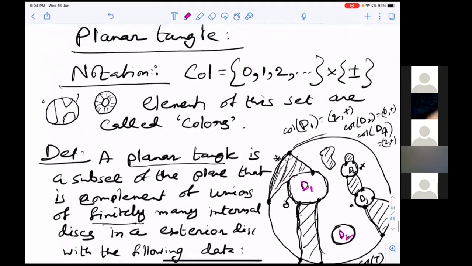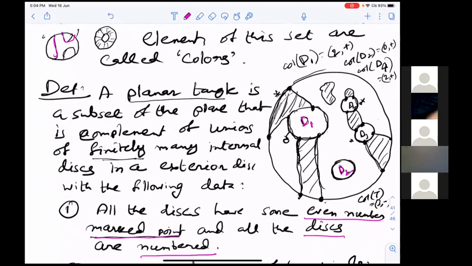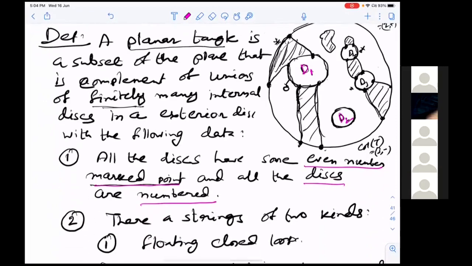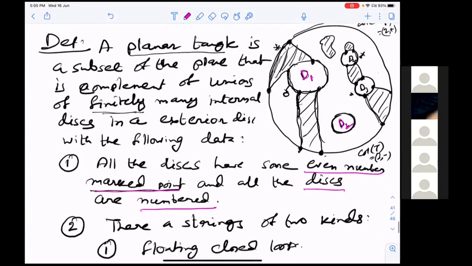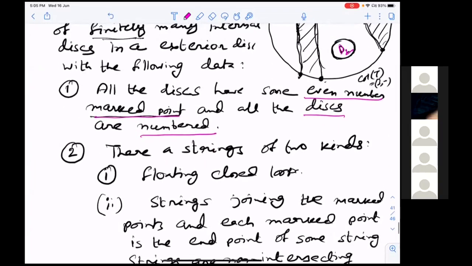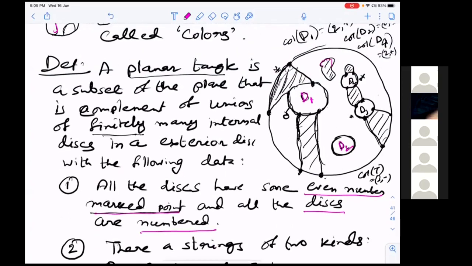Now, as in the diagram algebra, here also there are strings which join the marked points. There are 6 marked points in the external disk, and strings will join various marked points. Of course, these are non-intersecting because we need a planar diagram. These strings are of 2 types. The first is a floating closed loop, like this one; there can be more floating loops.